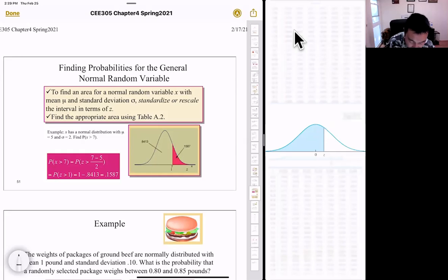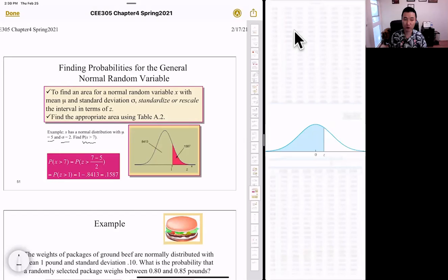Like in this example, x follows a normal distribution with mu of 5 and sigma of 2. We want to find the probability that x is larger than 7. First, we find the z-score corresponding to x equal to 7.